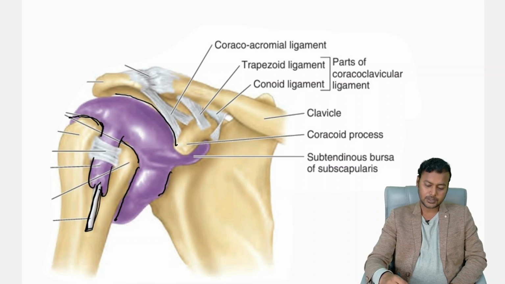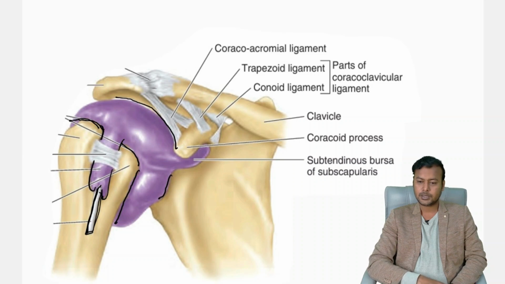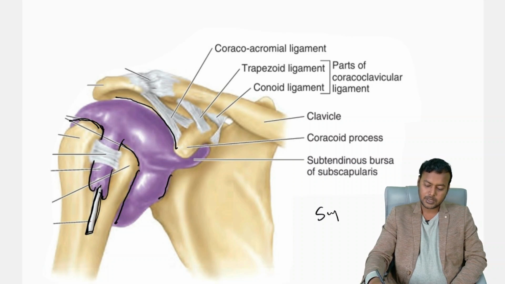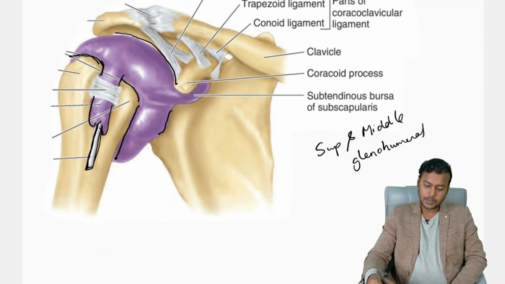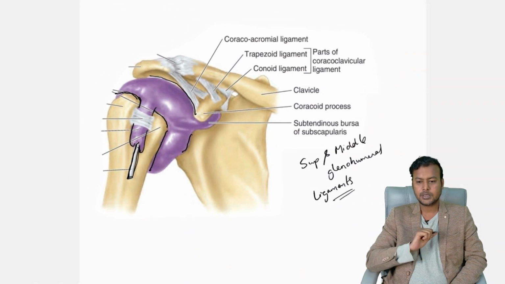Another extension of the synovial membrane is in between the, we learnt about the superior, middle and the inferior glenohumeral ligaments. So in between the superior and middle glenohumeral ligaments, there is another opening in the fibrous capsule.